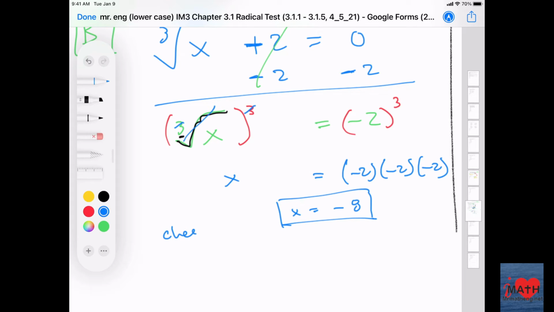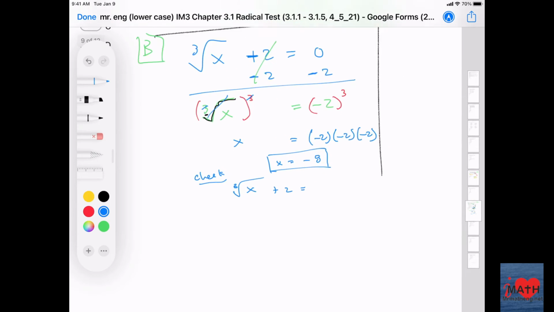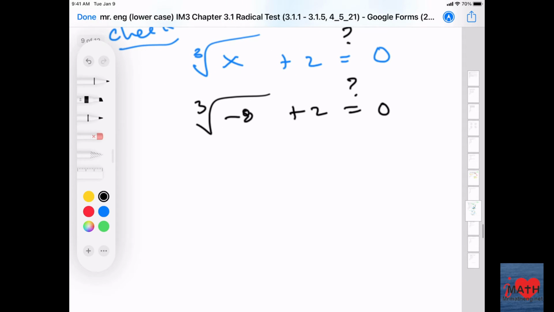Okay, let's go ahead and check our answer now. Cube root of x plus 2, does that equal 0? And the cube root of negative 8 plus 2 equals 0. Remember, it's a question mark, we're kind of testing this. And there are 3 identical numbers that multiply to be negative 8. And we already saw that above. It is negative 2.